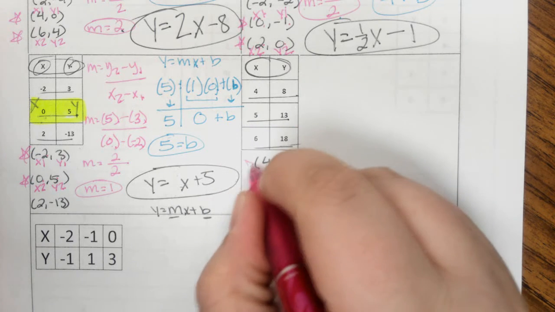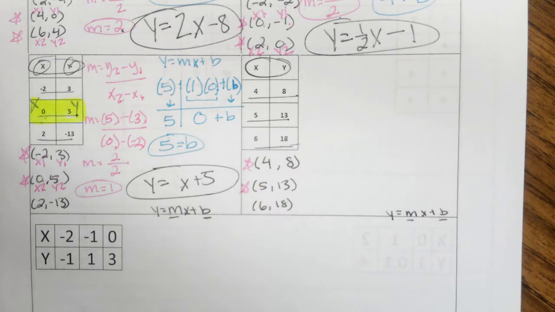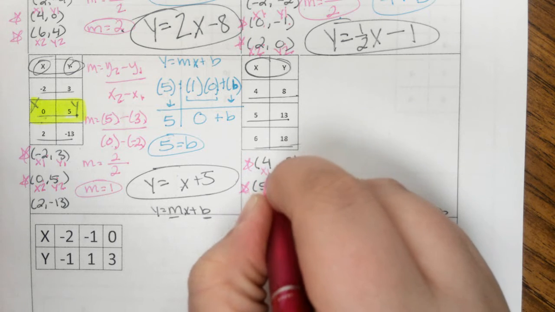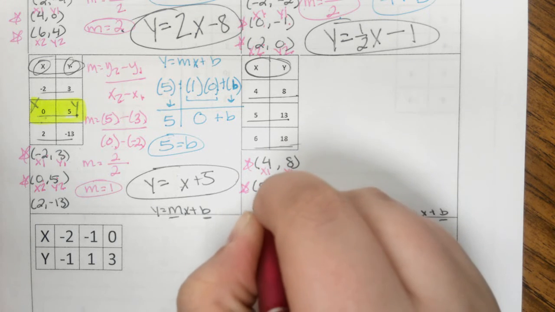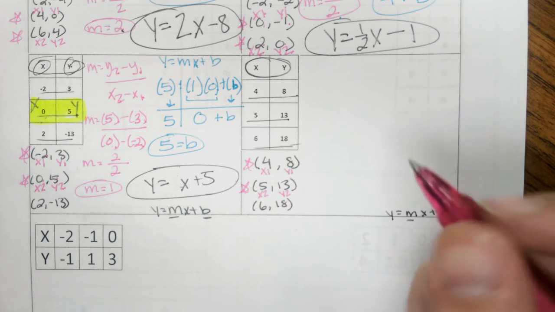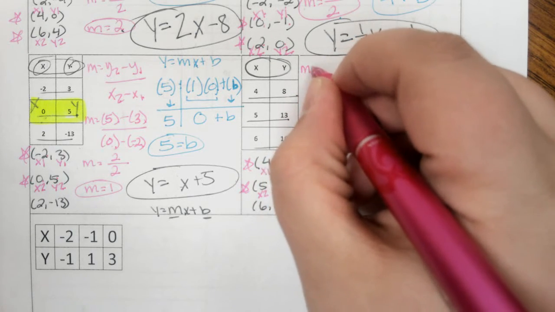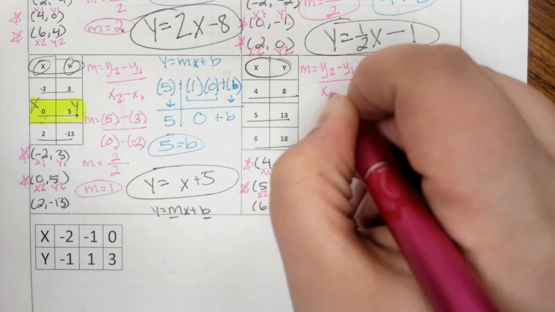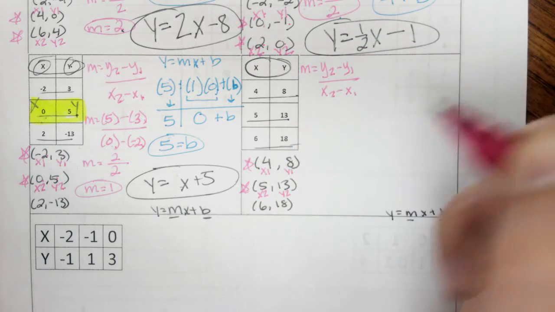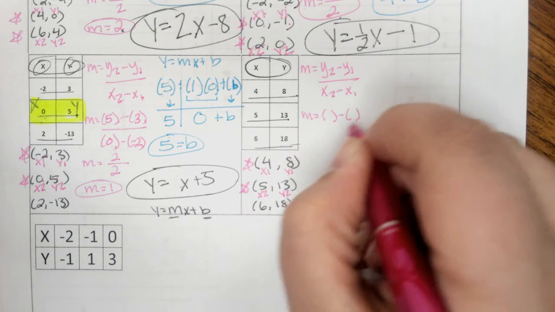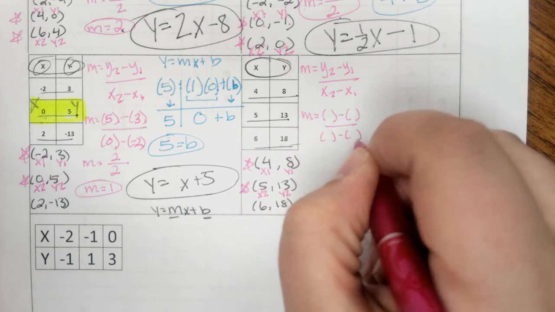I'm just going to pick the first two ordered pairs. I'm not a fan of really any of those numbers, so we're just going to go with the first two. I'll call this x1 and y1, which means next is x2 and y2. Remember, the slope formula is y2 minus y1 over x2 minus x1. So I'll put bubbles everywhere I see letters.